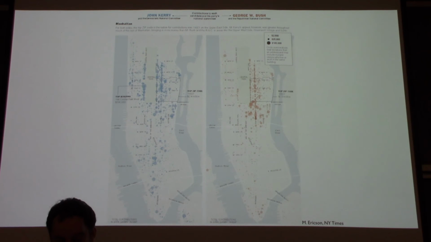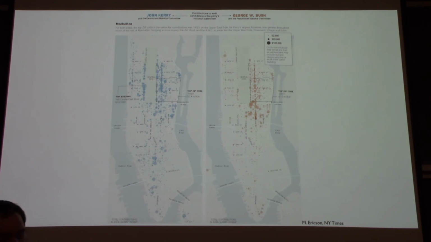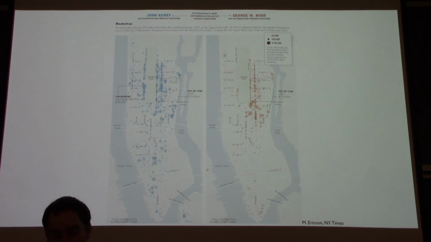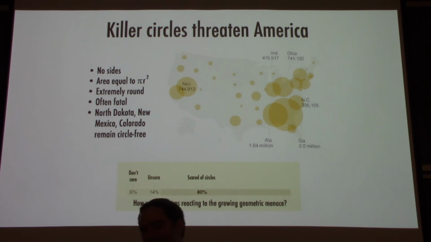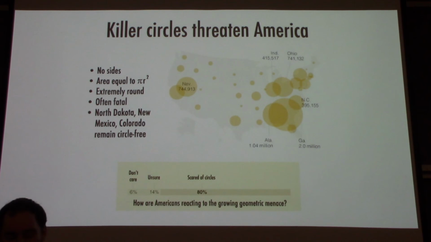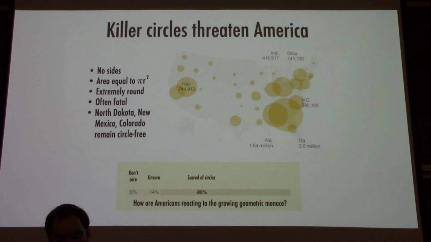This one shows John Kerry versus George Bush in terms of donor contributions, and you can see where people live that lean towards which party by these symbols. And of course people make fun of those, like the killer circles threaten America. So they maybe are a little bit overused. They look cool, they show you some of the data, but they're maybe not the most efficient way of communicating on top of maps.